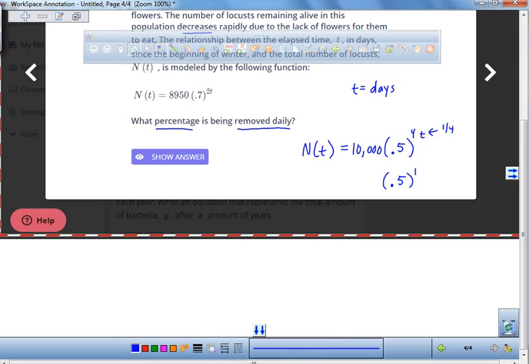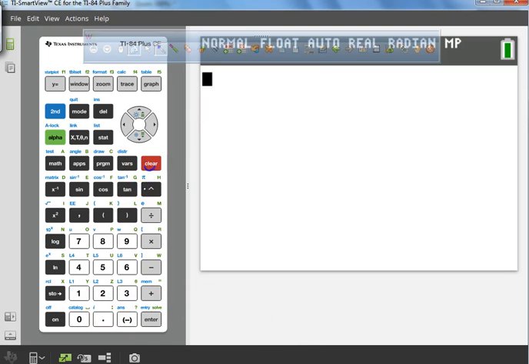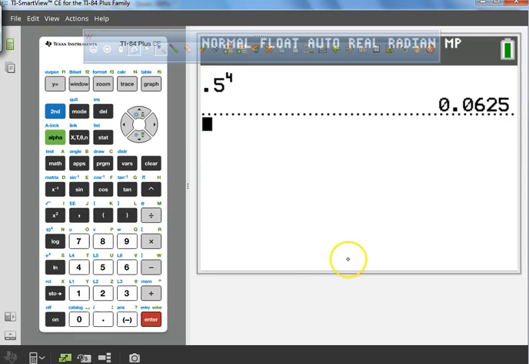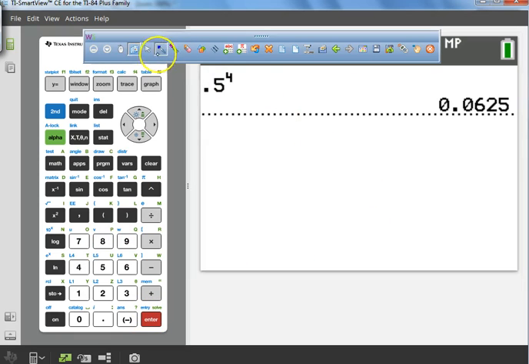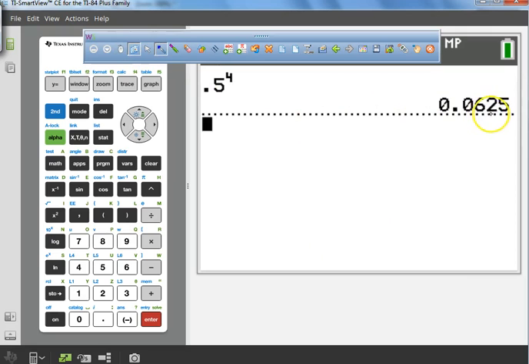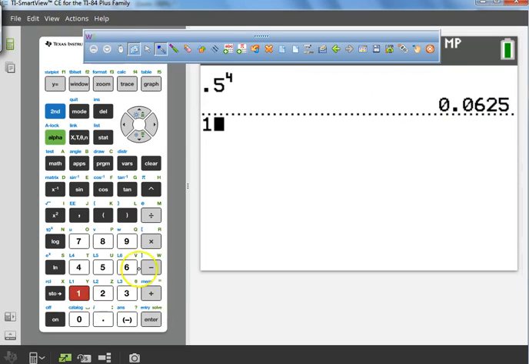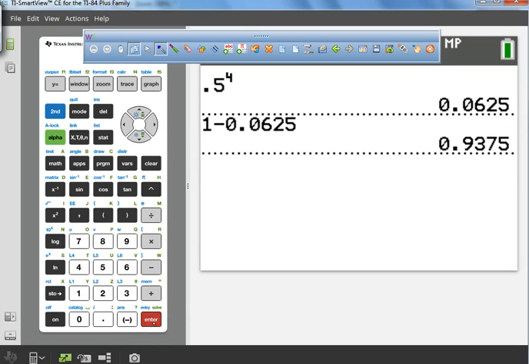So here's what we've got to do. We take 0.5 and raise it to the power of 4 and press enter. Now what happens there? We get 0.0625. So you do 1 minus whatever you get. Holy cow.